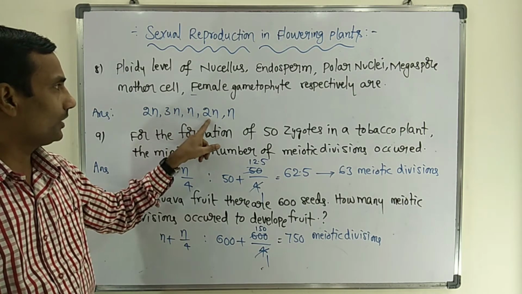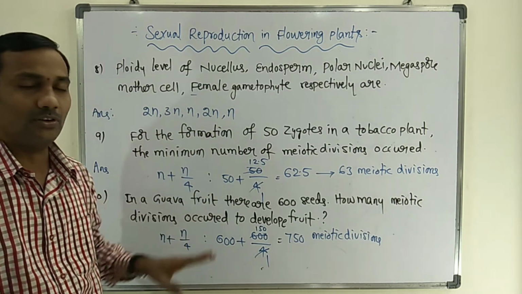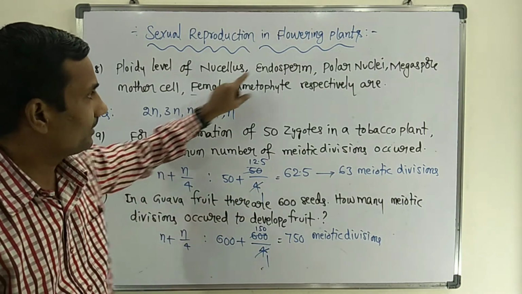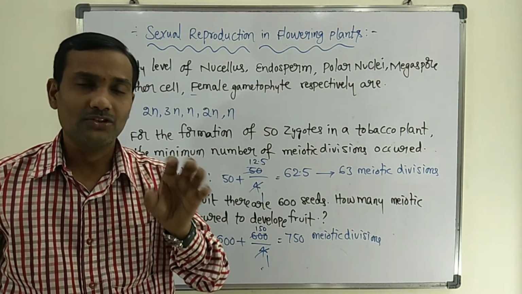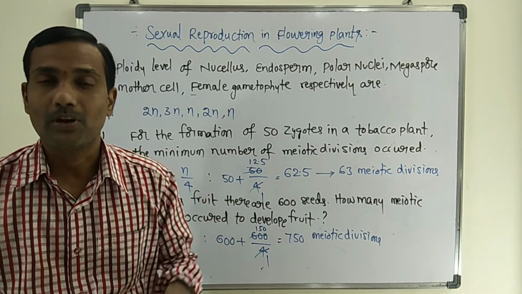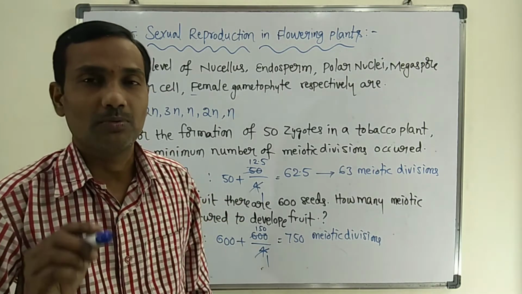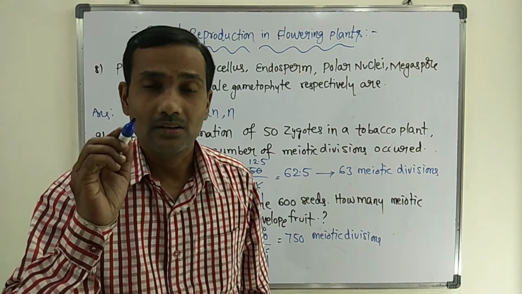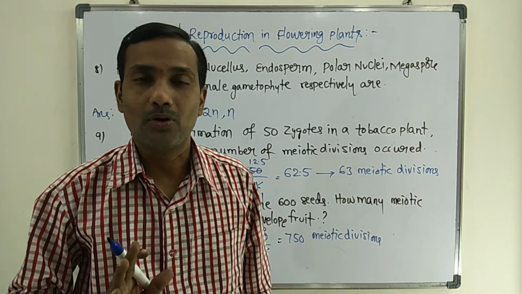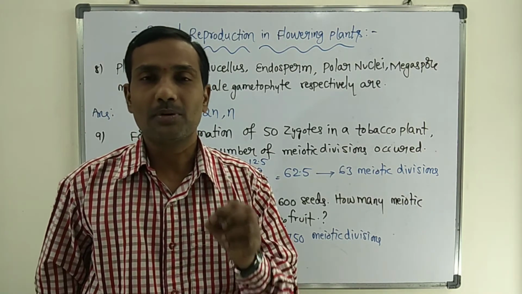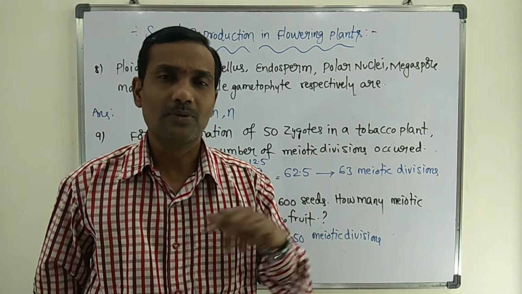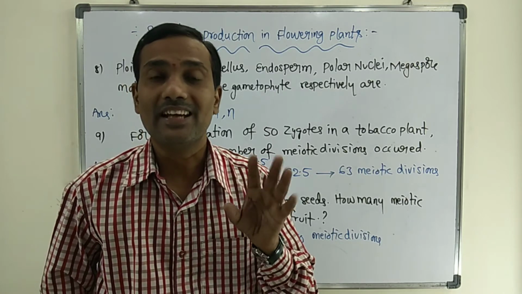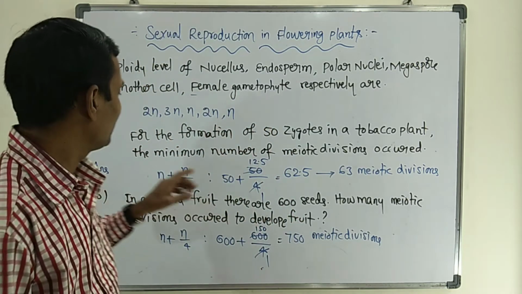Megaspore mother cell is 2n, diploid. Female gametophyte is n. The endosperm of all angiosperms is triploid only. In gymnosperms, the endosperm is haploid, because it is formed before fertilization, but in all angiosperms the endosperm is 3n, triploid.